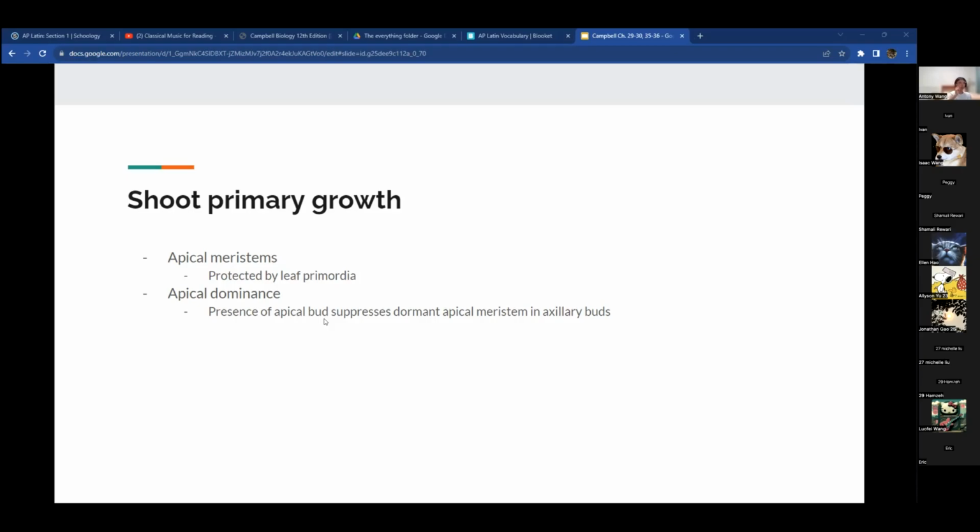The presence of an apical bud suppresses axillary buds. So for that reason, if the plant is growing vertically, it suppresses the axillary buds from branching into new branches.